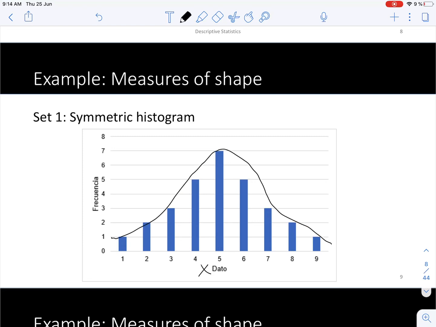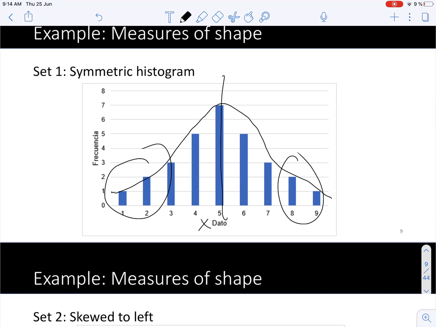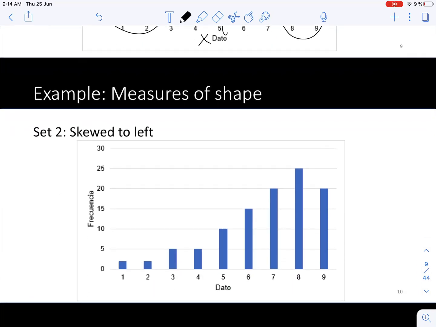We check the distribution, and if you notice, the tails look alike. There is no tail that is longer than the other one. So only by looking at this plot, we can claim that data looks symmetric. We need to confirm that later using the skewness metric, but at this point, using the plot, we can claim that most likely it is symmetric. So we expect to get a metric close to 0 or even equal to 0.